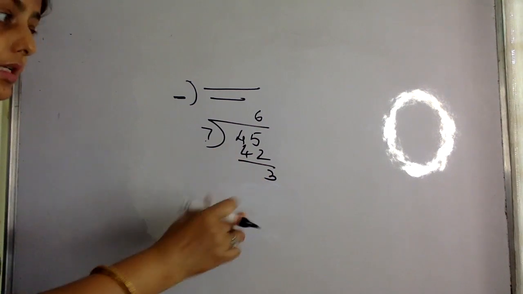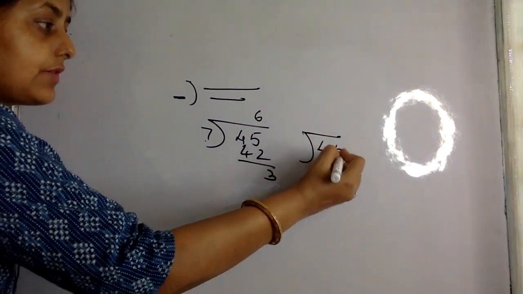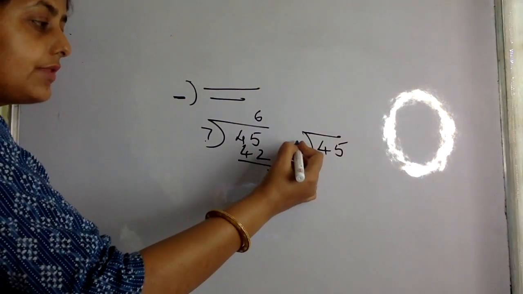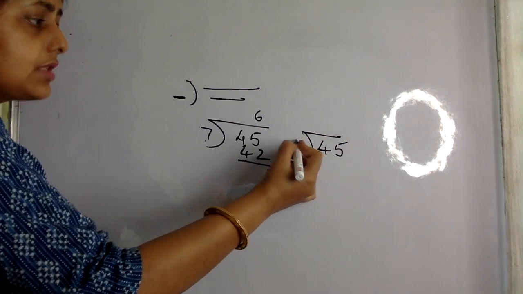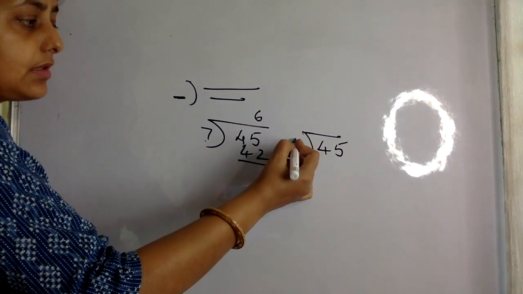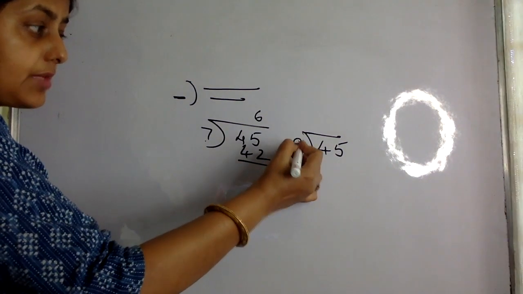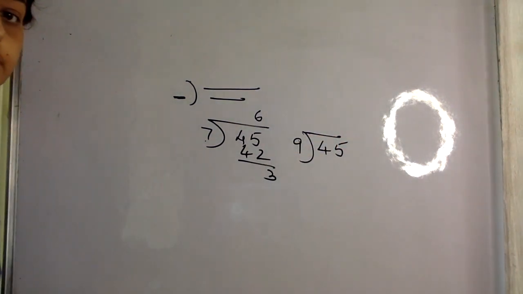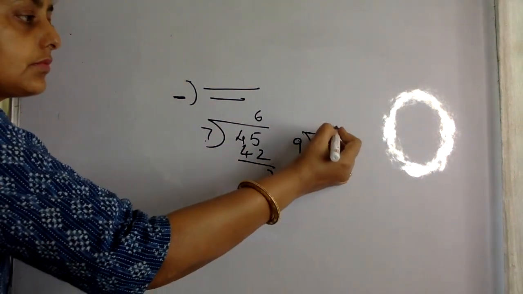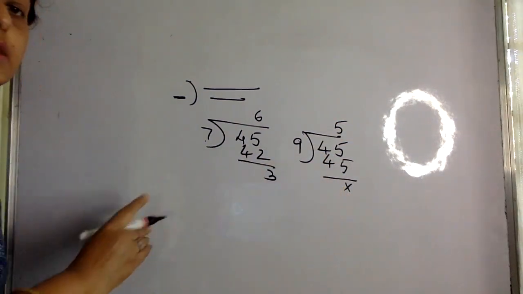But if I divide 45 by 9 this time, the remainder is 0.